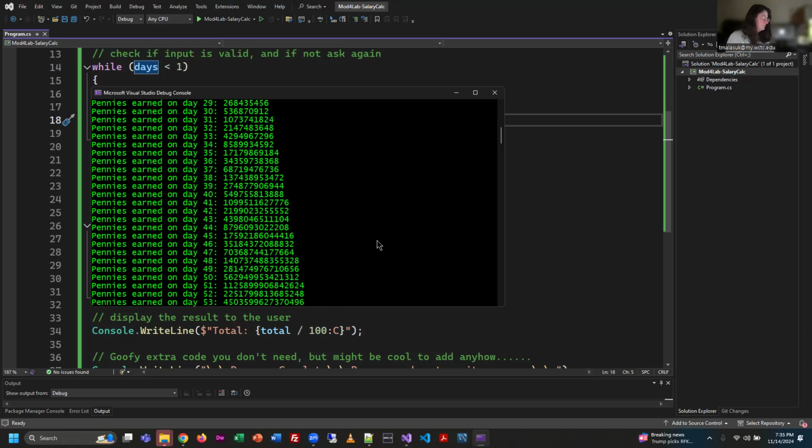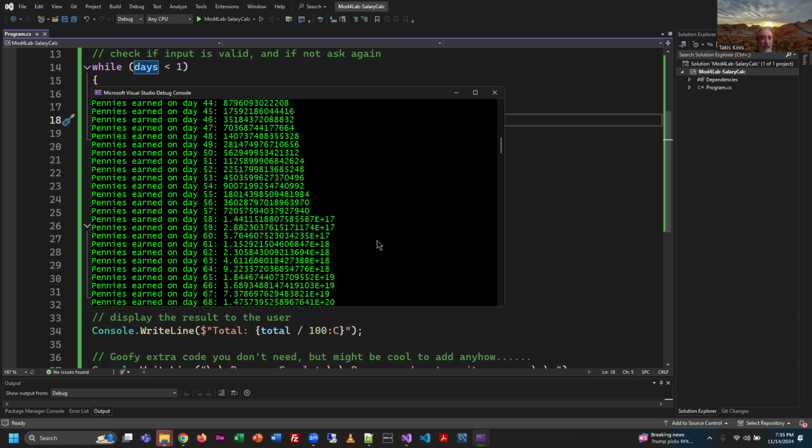I think it is. I think it's also kind of fun to see what happens when we start to exceed the bounds of an integer and a double that's storing the values. What happens on day 58? Notice that it switches to what we call exponential notation.